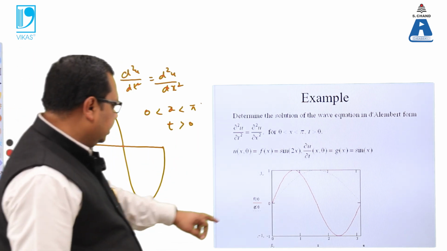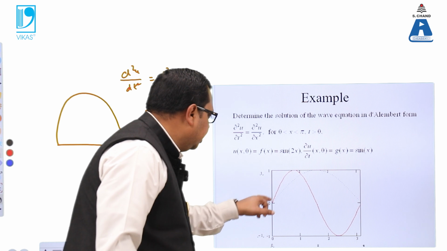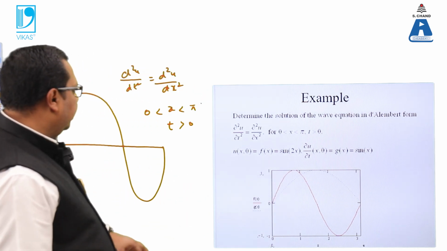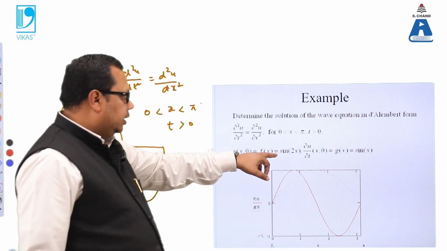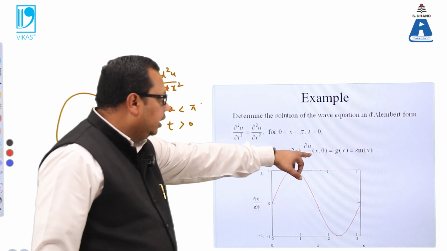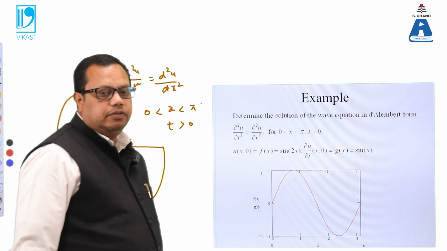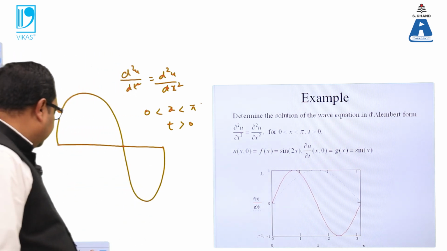From here we conclude that u(x, 0) is equal to f(x), that is sin 2x, and du/dt at (x, 0) is g(x), which is sin x. This is what we have to analyze.